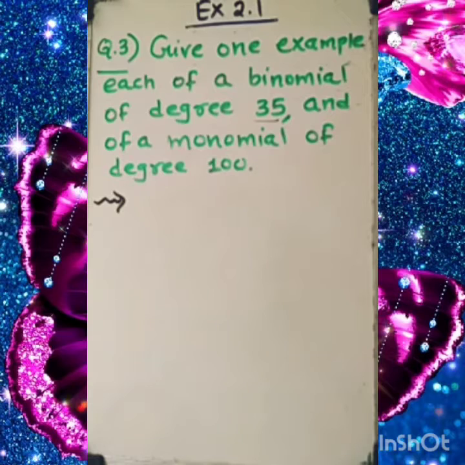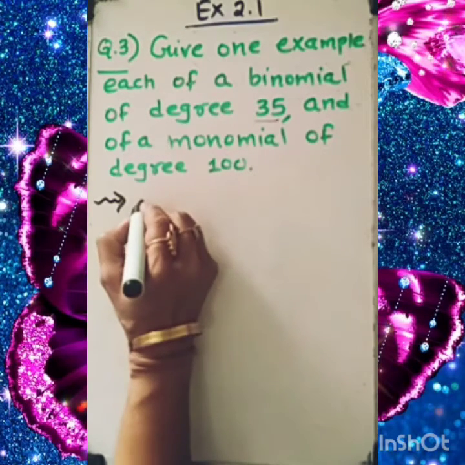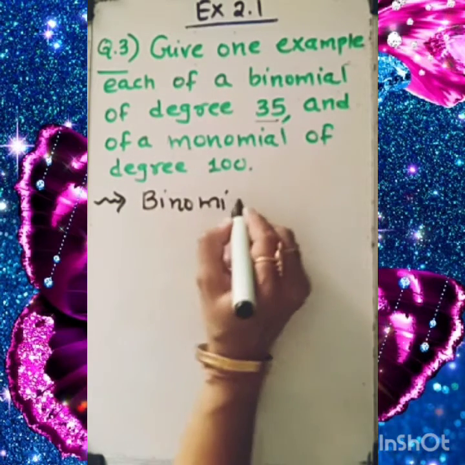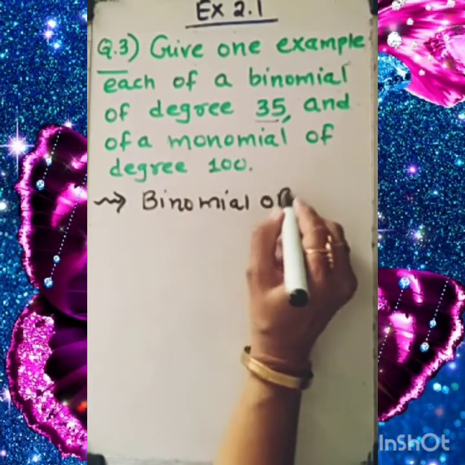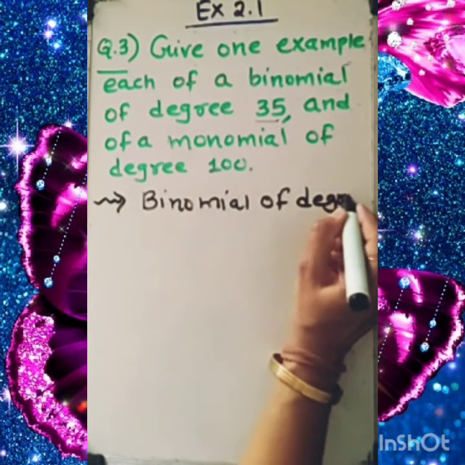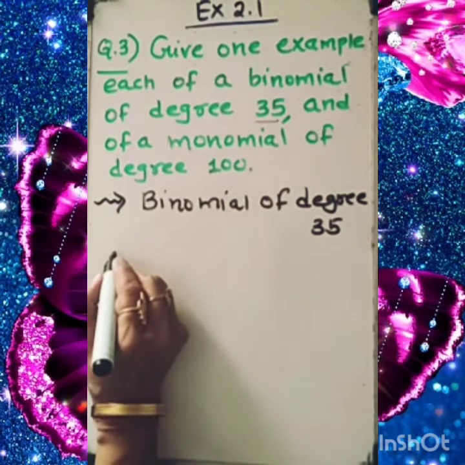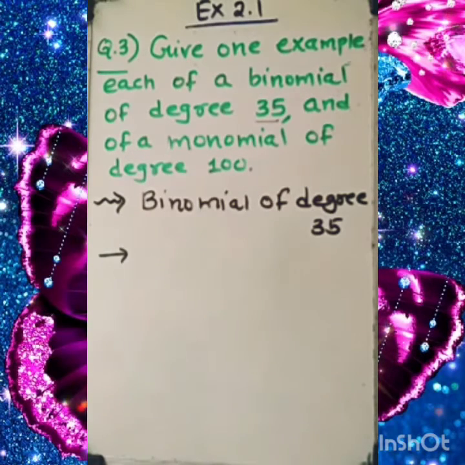Let's note down first the binomial of degree 35. If you want any binomial, choose any number of your own choice.